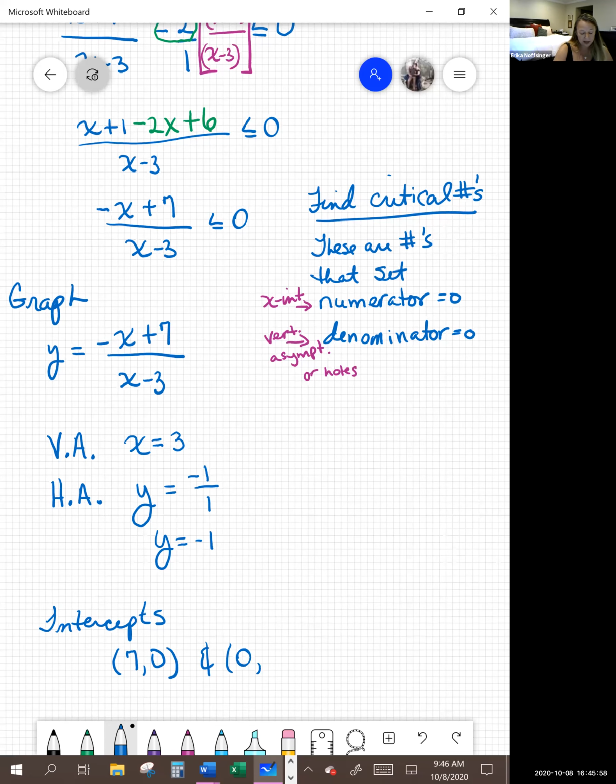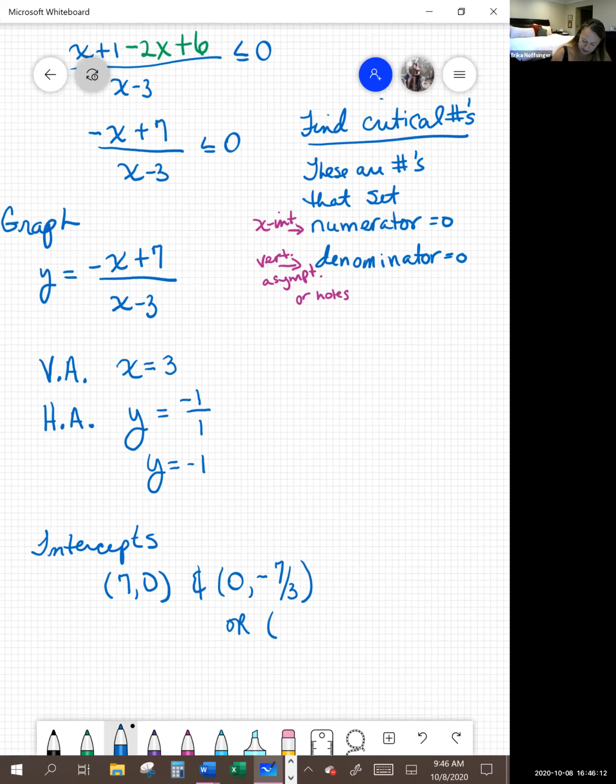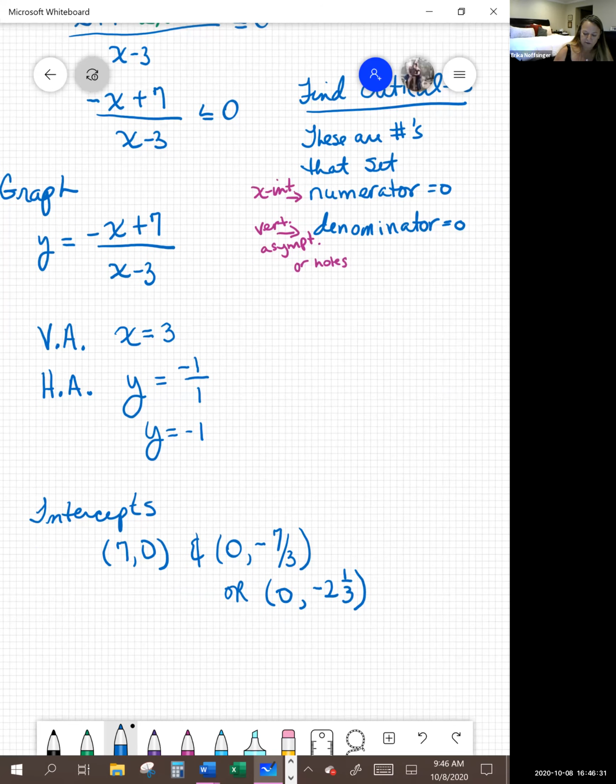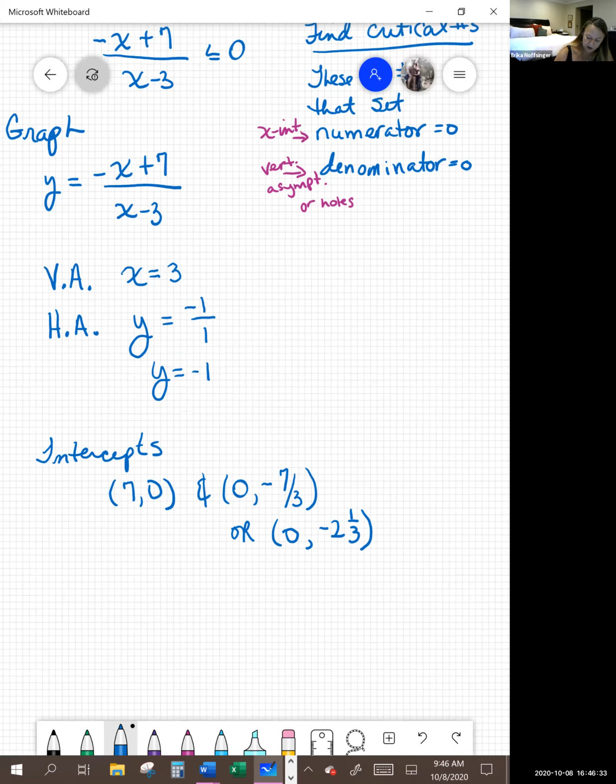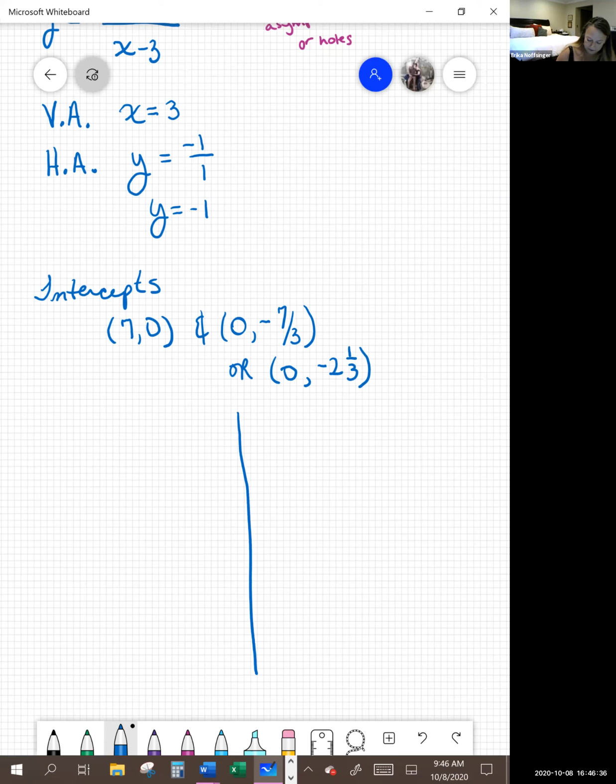So I get positive 7 over negative 3, so negative 7/3. Just because it helps me to graph it, I'll look at that as a mixed number. 3 goes into 7 twice, so this is negative 2 with a remainder of 1, so negative 2 1/3. So I'm just going to graph what we have. We got our vertical asymptote at x equals 3.